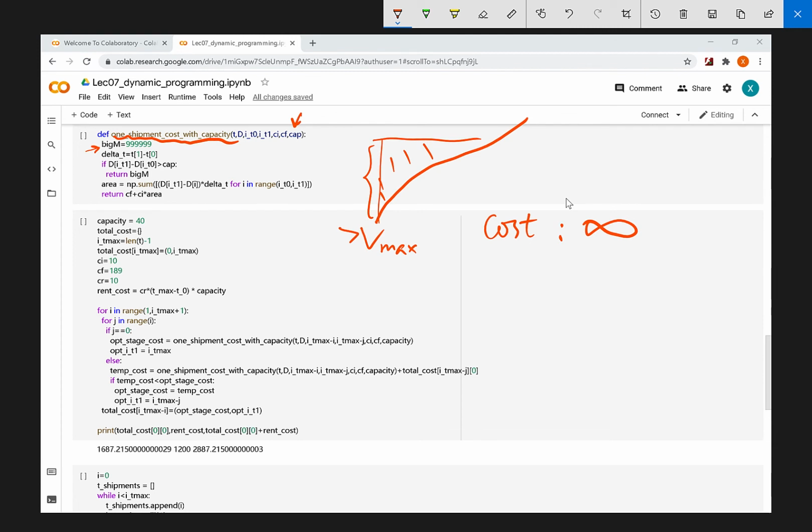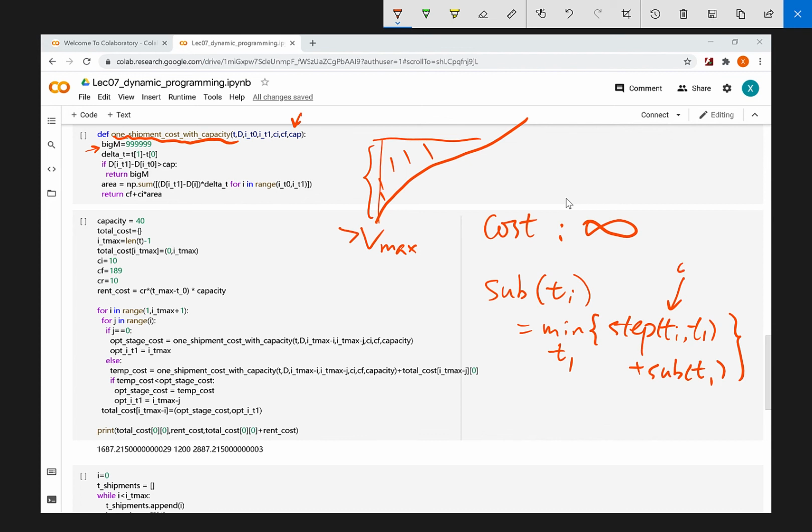So in this case, when you solve the problem, you minimize. Remember, every time you solve a subproblem, you calculate a minimization for a possible T1. So if you consider a load larger than Vmax, larger than the capacity, we will have this one-step cost be infinity. And then in this case, you will not choose this decision in your optimum schedule.